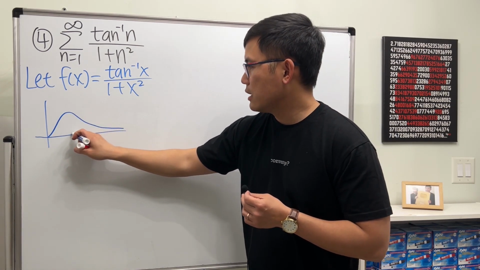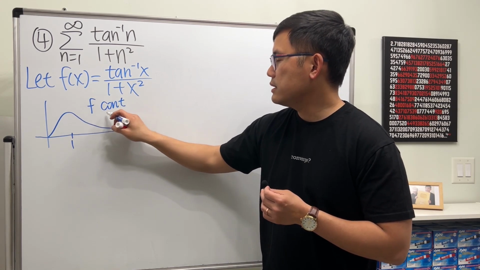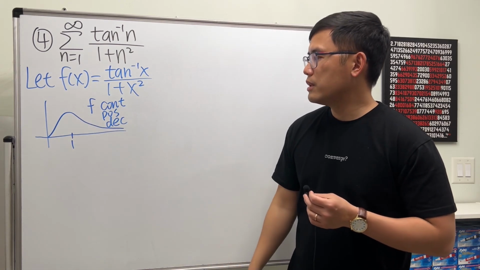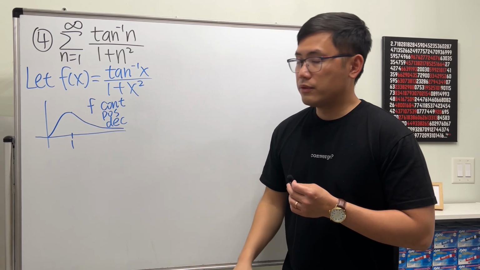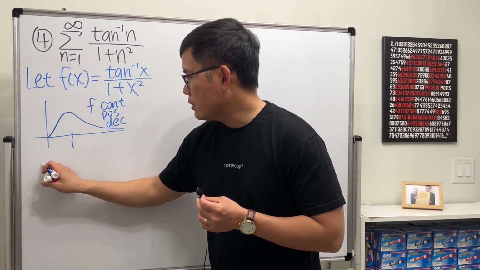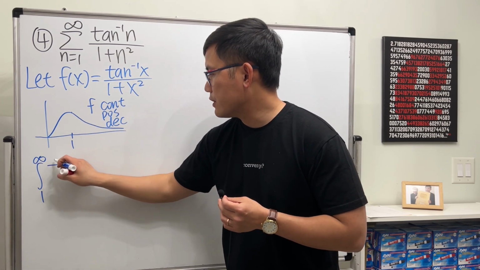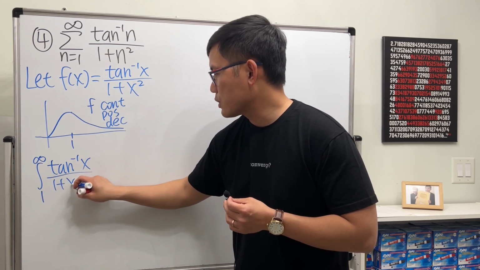And then, in fact, after 1, our function is continuous, it's positive, and it's also decreasing. Now we have to just compute the corresponding improper integral, which is going from 1 to infinity, and then we have inverse tangent of x over 1 plus x squared.